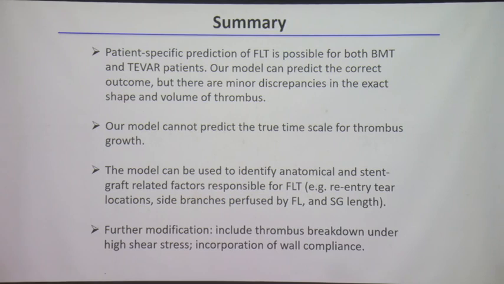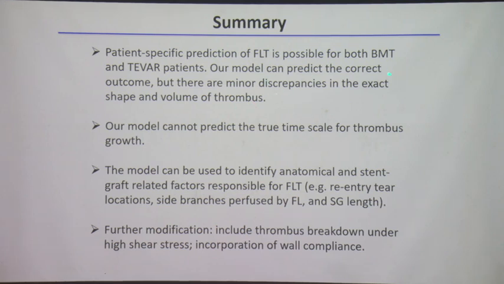So just to have a very brief summary of the thrombosis model work that I presented so far, you see that this patient-specific prediction of false lumen thrombosis is possible for both groups of patients, whether they're medically treated or surgically treated. And it shows that the model can predict the correct outcome in terms of whether thrombus forms: complete thrombosis, partial thrombosis, or no thrombosis.